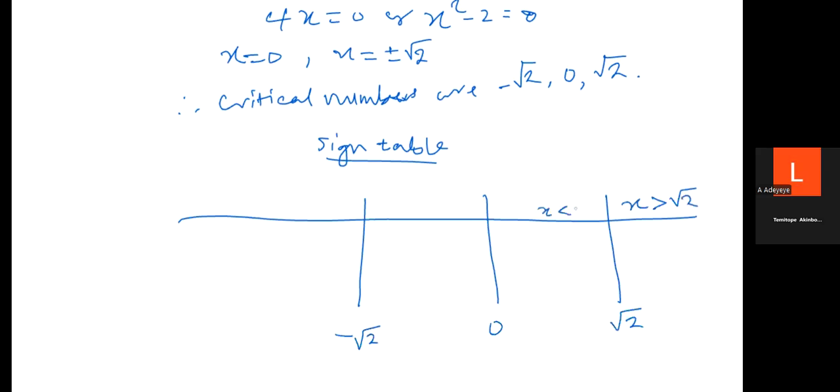To the right of 0, you have greater than 0. To the left of 0, you have less than 0. Here you have greater than minus root 2. Here you have less than minus root 2.